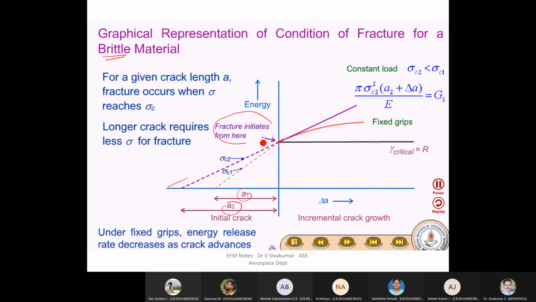That means when my G is equal to R, the crack begins. It should be a constant value for that particular material. Whatever crack length I make, it should fail at the same resistance. It should be a unique number, because it is a material's specific character.